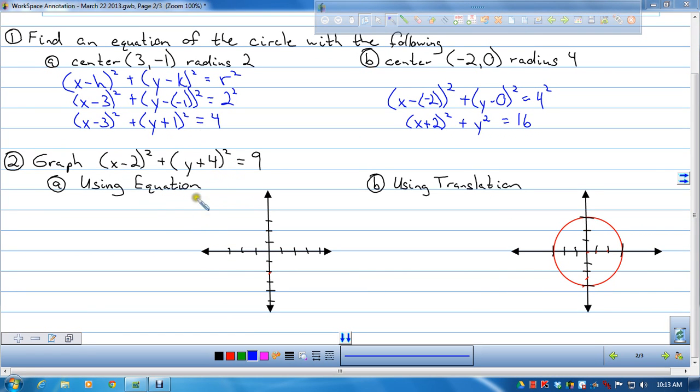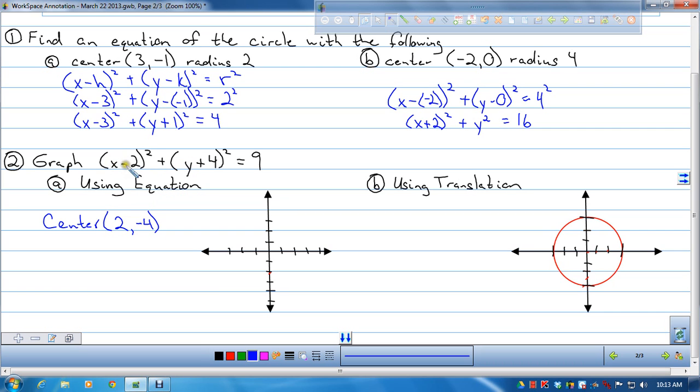Now let's graph this equation. We need to know a couple things in order to graph it properly, and that is where the center is. So my center here is at (2, -4). Just remember, it's the opposite because my equation has a negative in it.